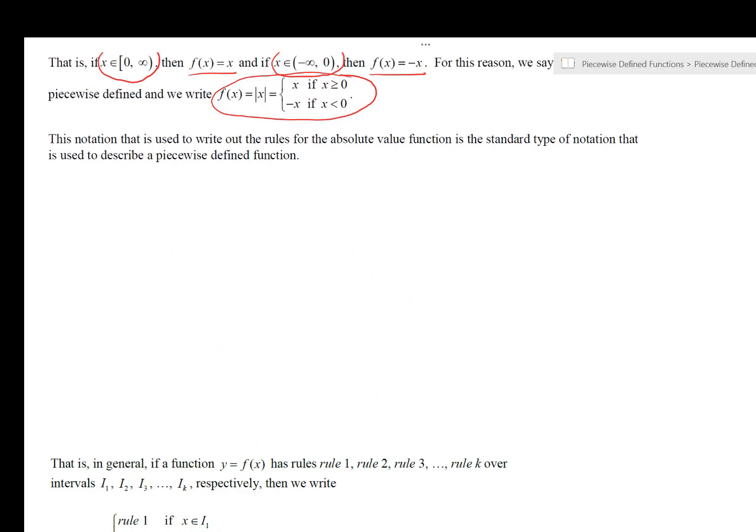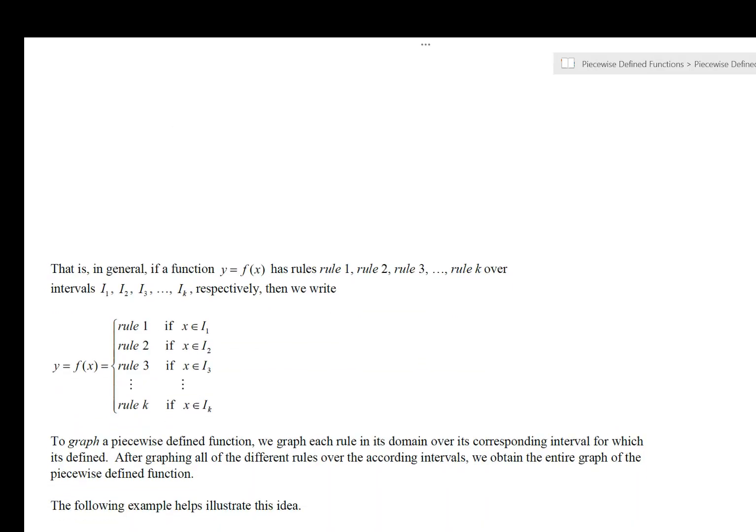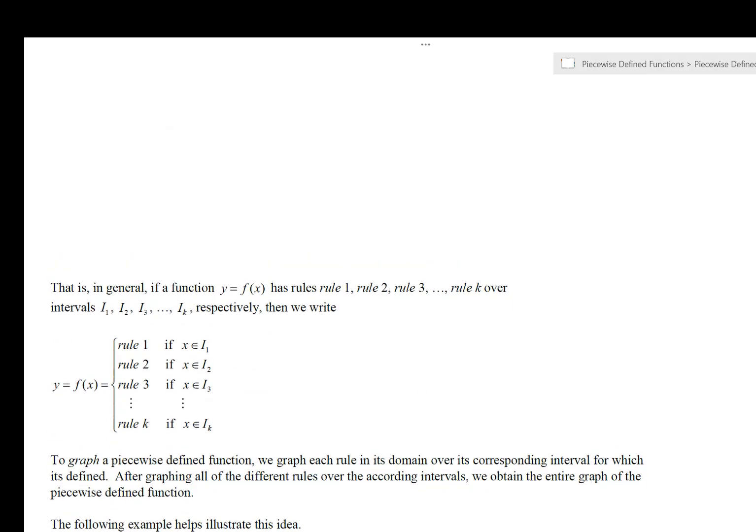So furthermore, here's the generality. Let's suppose we have a function, call it f of x, and it has k different rules, rule 1, rule 2, rule 3, and so on, and eventually rule k.